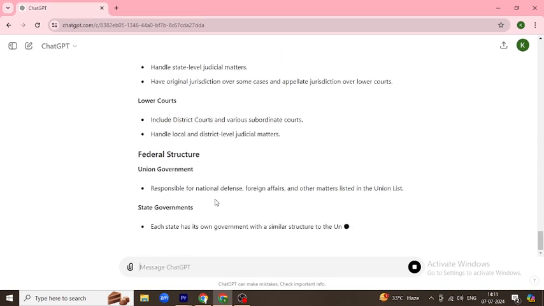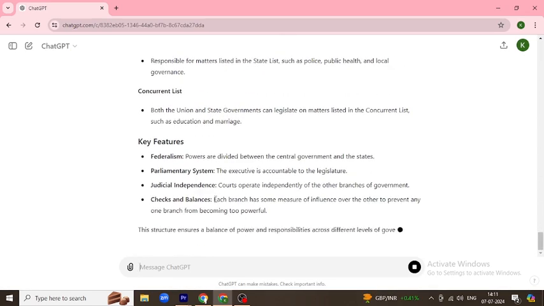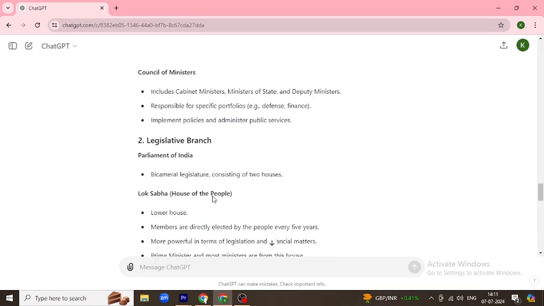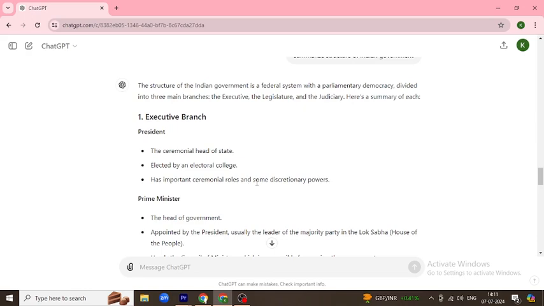This is the point wise description of the chapter in front of you, which is very easy to go through and mug up also. So this is how you can use ChatGPT if the course is vast and you want to quickly go through the chapter which is left for studying for any exam.